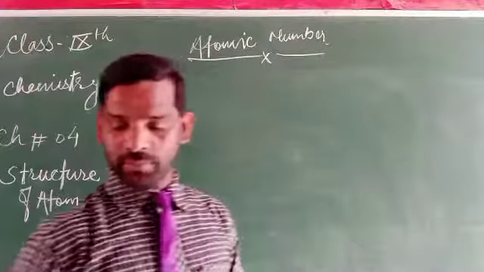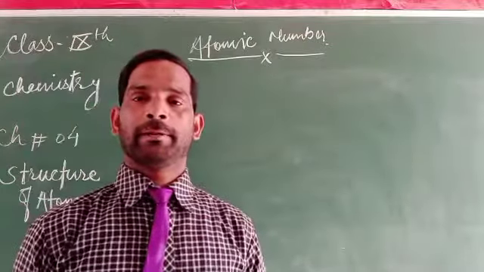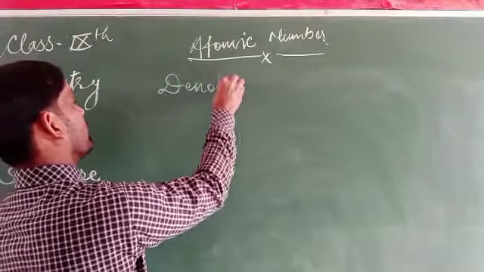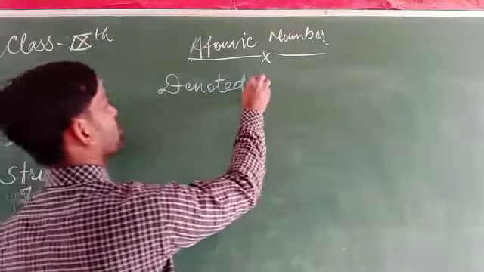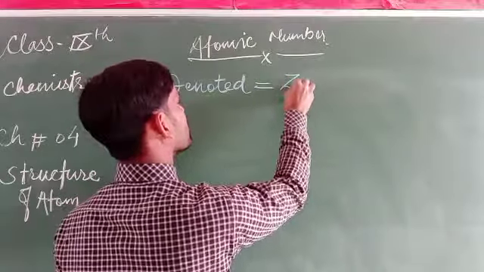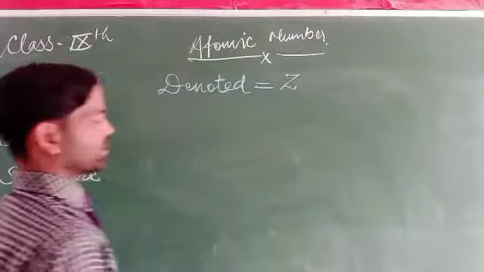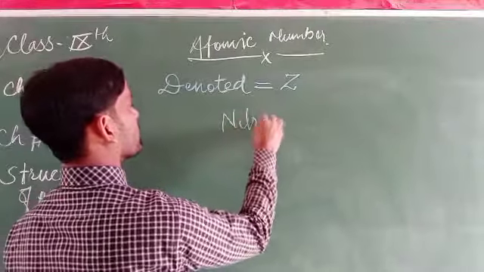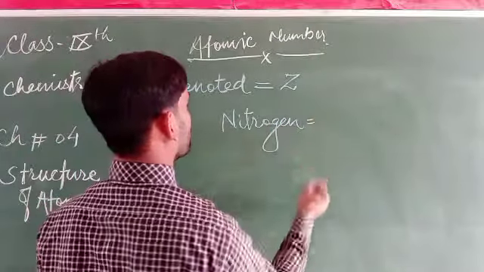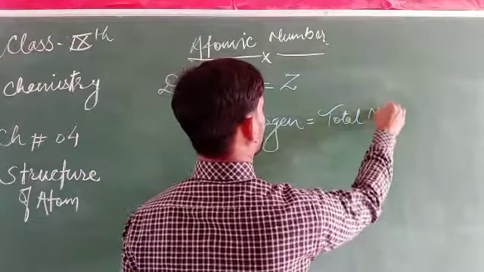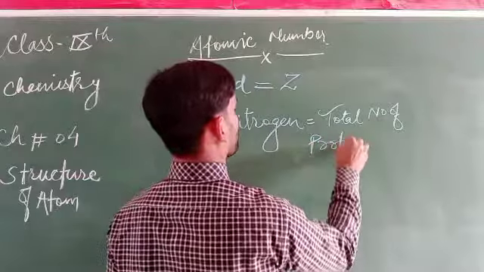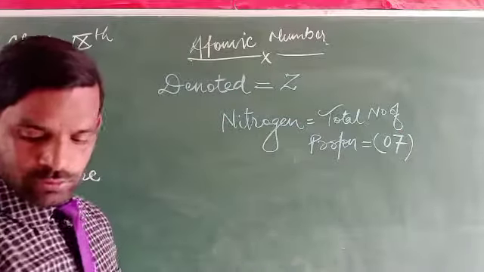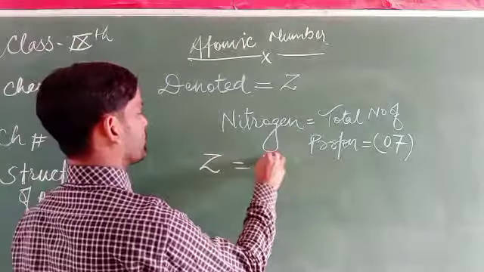The atomic number is denoted by the letter Z. Suppose there is nitrogen, in which the total number of protons is equal to what? It is 7. So Z is equal to 7.